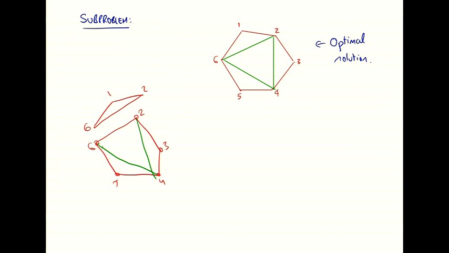And so in general, at some point, I will end up with some subset of points, some arbitrary subset of points, and then the polygon connecting them. And I need to cut them into pieces, right?